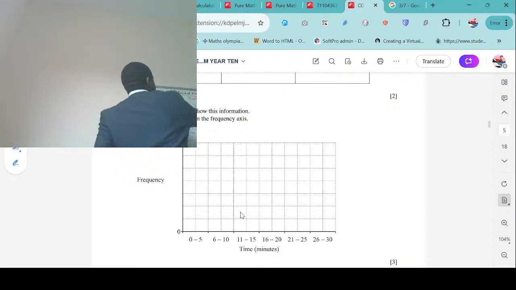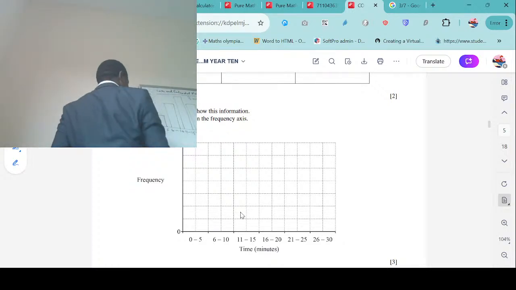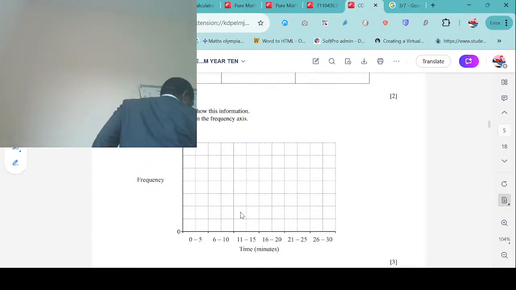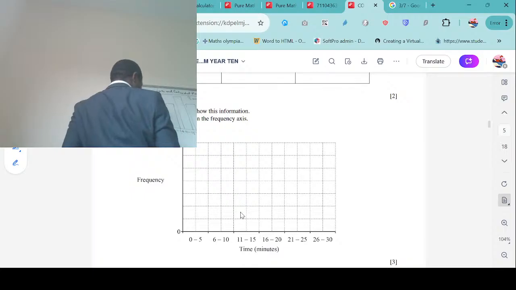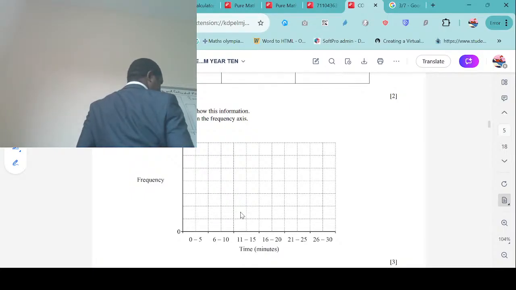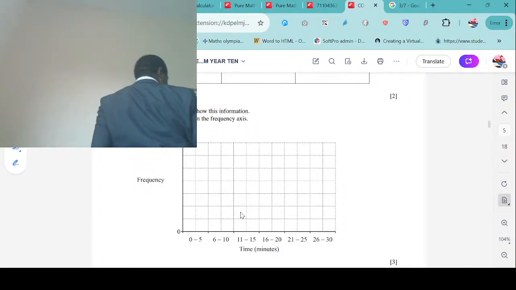So now it is the histogram. Just read it because I'm doing the histogram. So if it's a histogram, we'll be having all these class values. So 0 to, let me say, 5, 5 to 10, I'm just trying to give you a value.